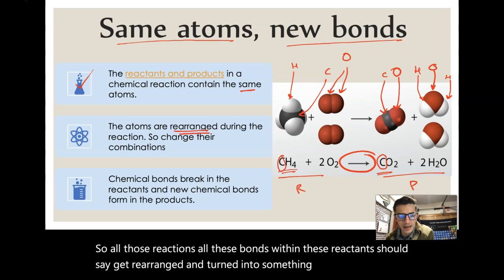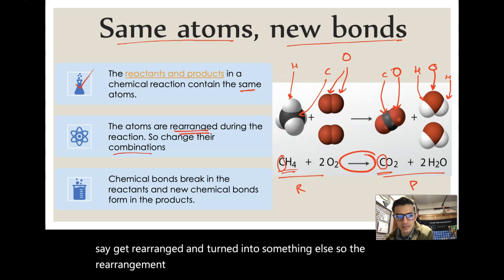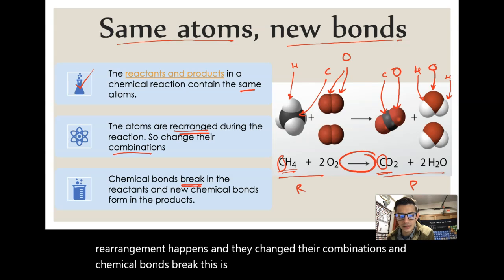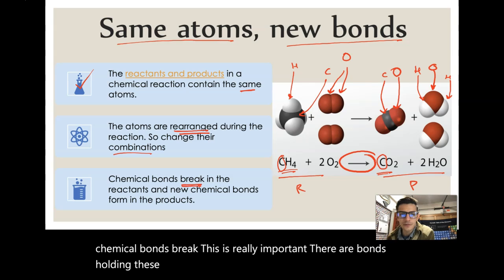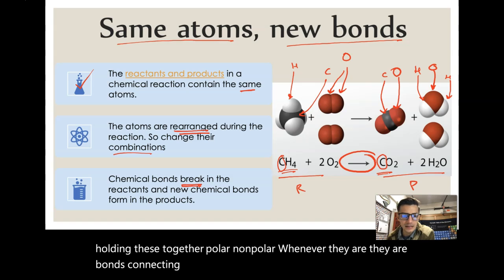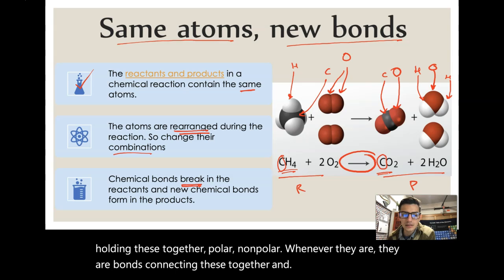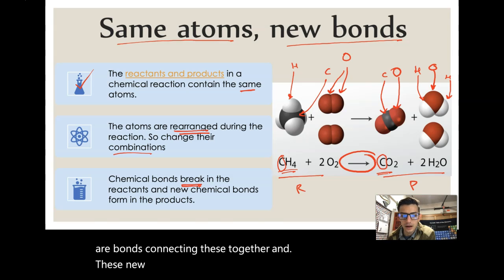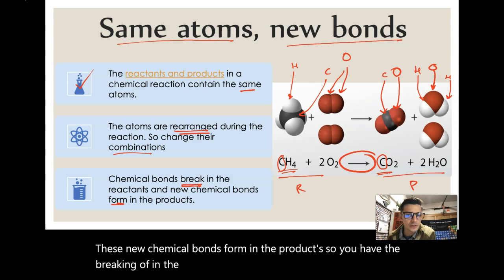So the rearrangement happens, and they change their combinations, and chemical bonds break. This is really important. There are bonds holding these together, polar, nonpolar, whatever they are, bonds connecting these together, and these new chemical bonds form in the products. So you have the breaking of bonds and the formation of new bonds.